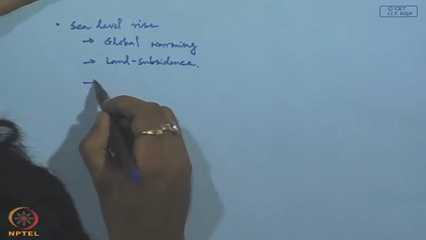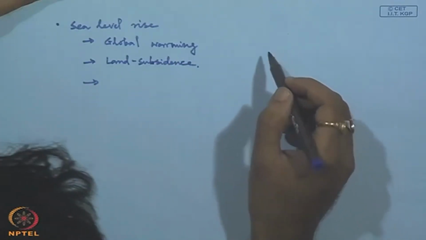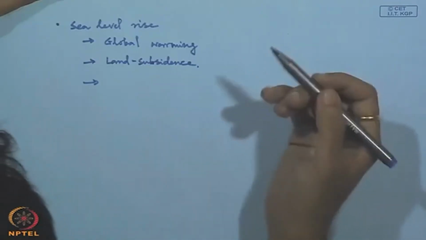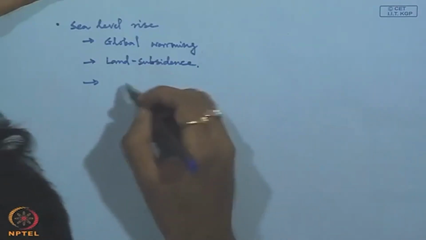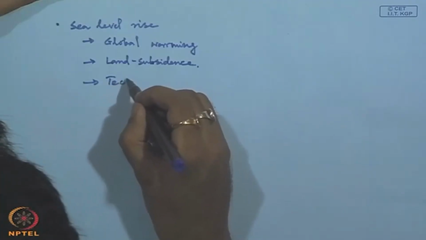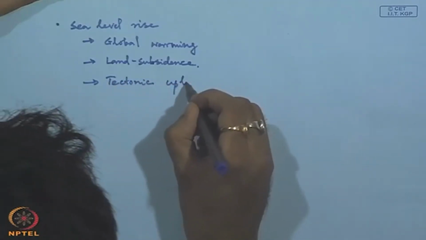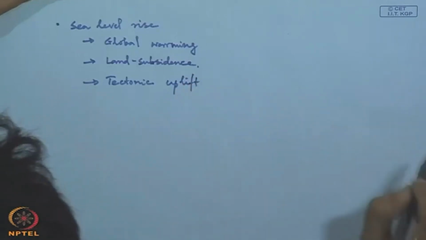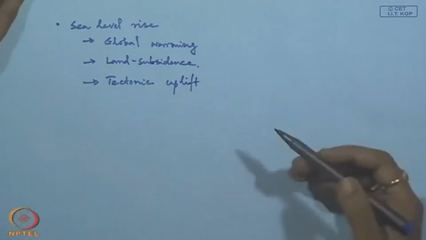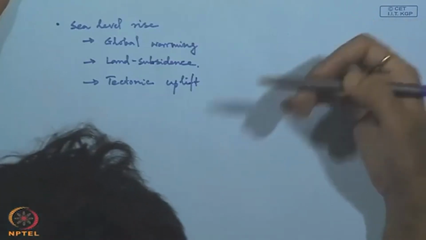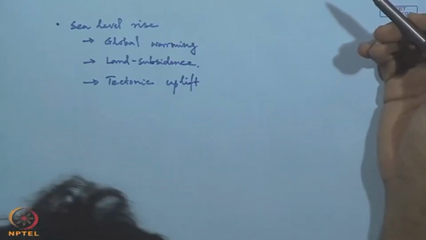Due to land subsidence there may be sea level rise, and also due to some kind of tectonic uplift, there can be a rise in sea level.